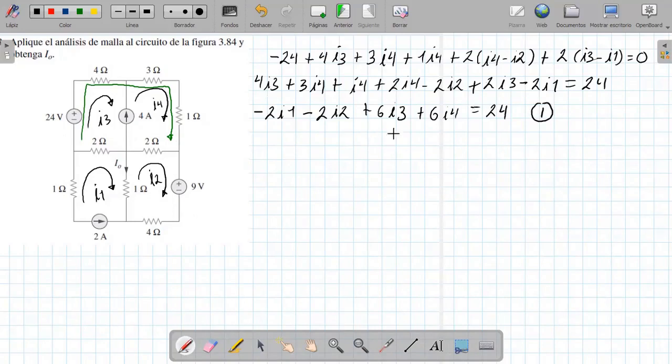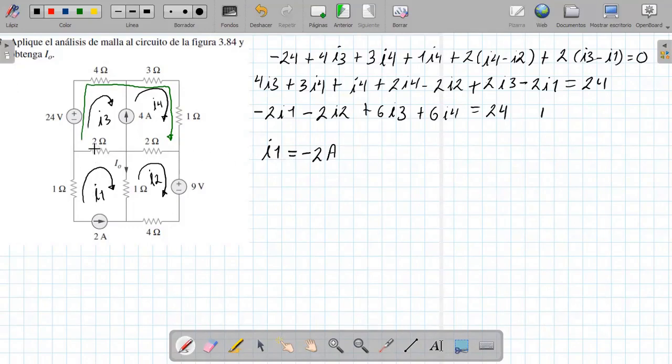Okay, now that's the supermesh. If we go to mesh I1, let's observe that current 1 comes here, comes here, comes here. When it reaches this point we observe that the current I1 is equal to minus 2 amperes.